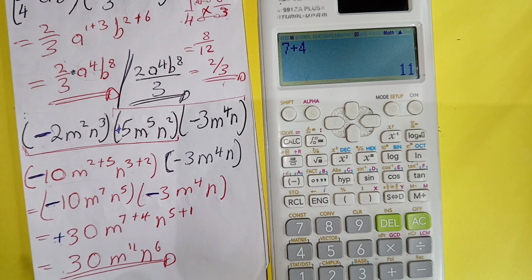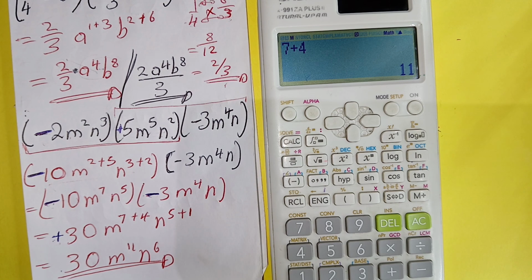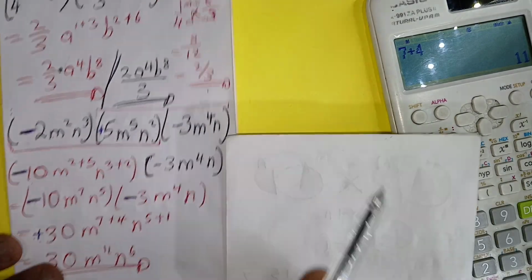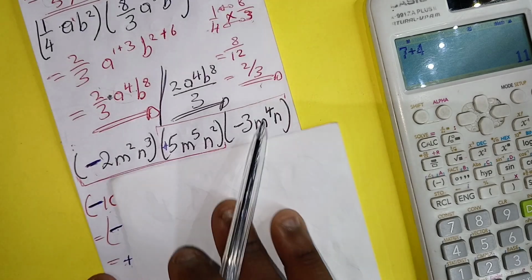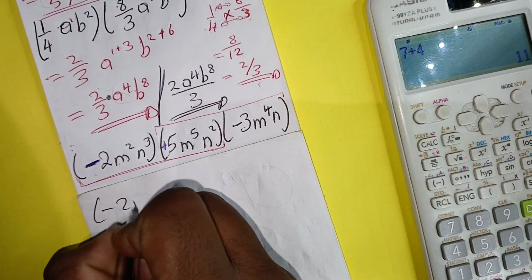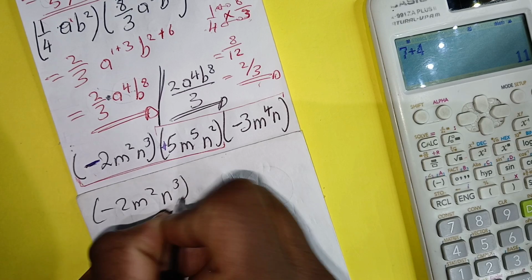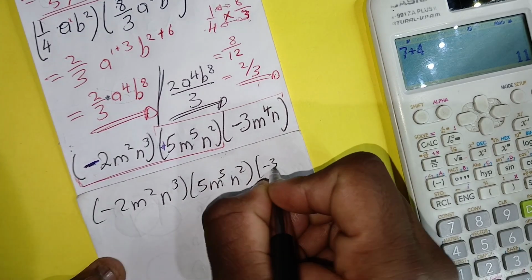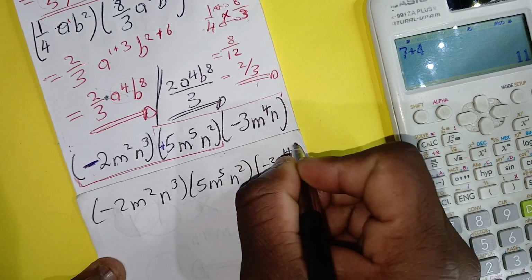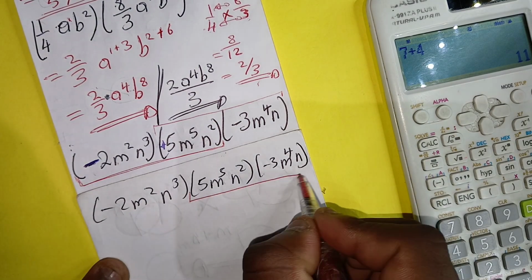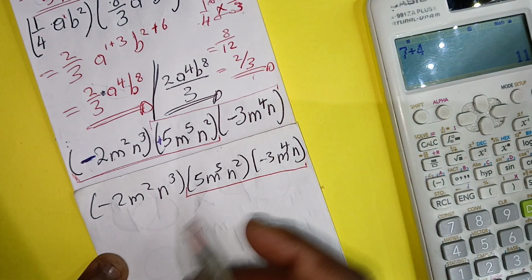Yeah. So now let me show you another approach here. So here's another approach for this question. Let me just copy it. From this question, you can start by simplifying this part.